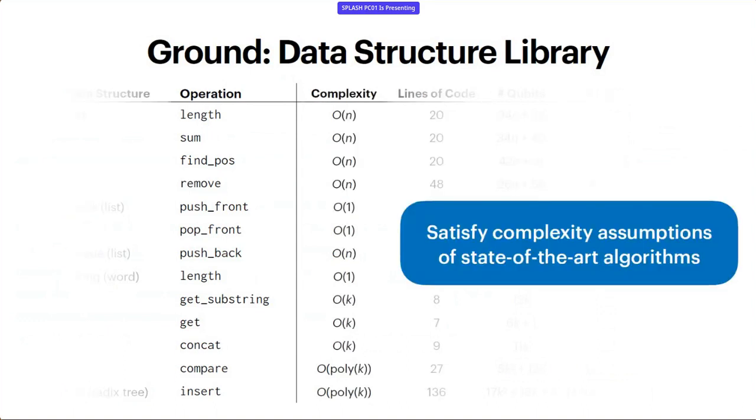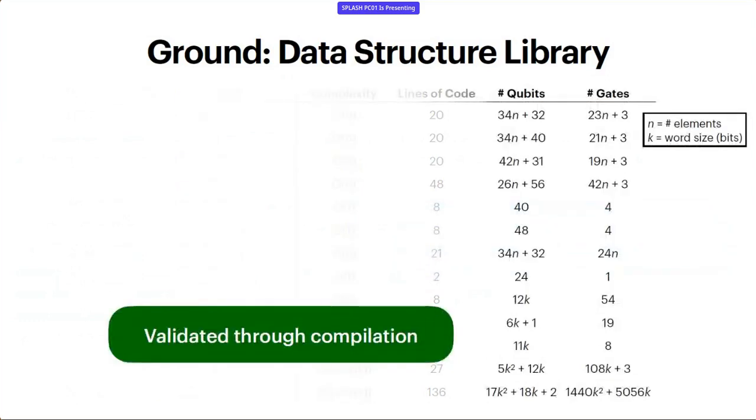What we've then done is we've shown that these implementations satisfy the assumptions that state-of-the-art quantum algorithms are making. And if you look at the complexities we're promising here, they're basically the same as the classical complexities. We've also validated these promised complexities by actually taking these programs and compiling them into concrete quantum circuits. And we've counted the number of qubits and gates needed to implement these circuits.